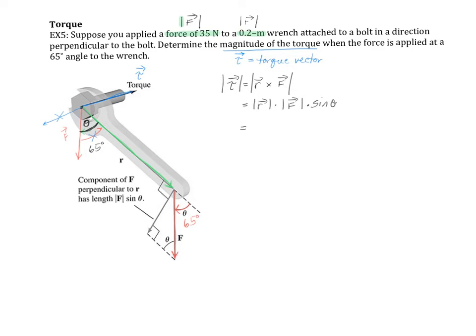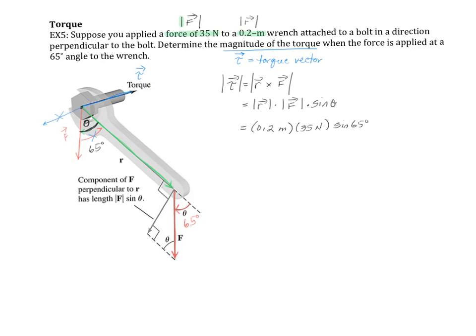The magnitude of R is simply 0.2 meters, and the magnitude of F is 35 newtons, and then I'm going to multiply that by sine of 65 degrees.